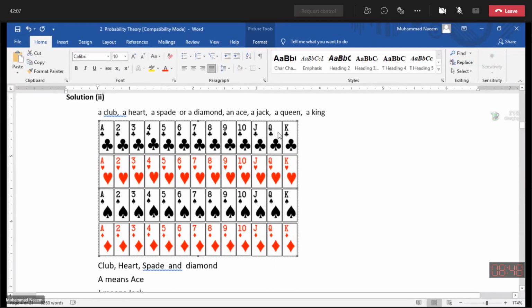These are the face cards because each one having a human face on it, and the rest, 2, 3, 4, 5, 6, 7, 8, 9, 10, are the numbered cards. 9 cards are numbered cards. 1 is ace. 3 are face cards in each category.